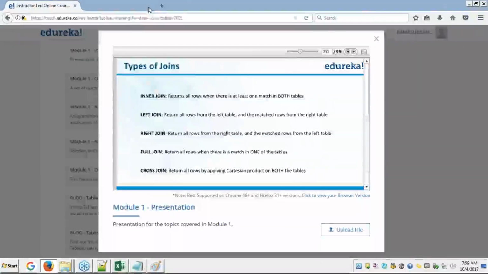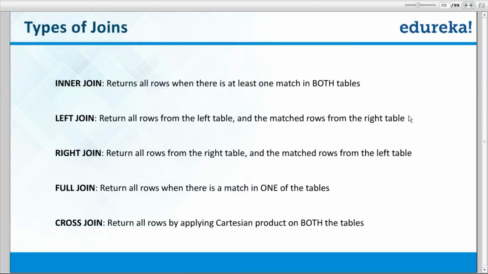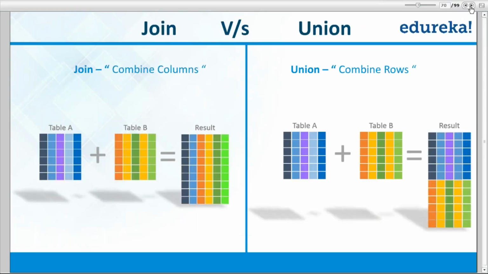You understand that cross join is nothing but a matrix multiplication, which is going to give you all combinations of the records by applying Cartesian products on both the tables. Irrespective of whether matches are there or not, it's going to give you all records by default.